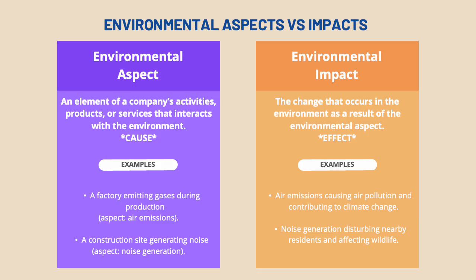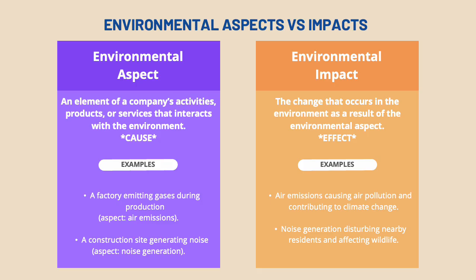So the impacts, or effects, are air pollution that contributes to climate change. The second example, from the aspect of noise generation: noise from the construction site disturbs nearby residents, and this noise may also affect wildlife behavior. That is the effect, or the impact: noise pollution.